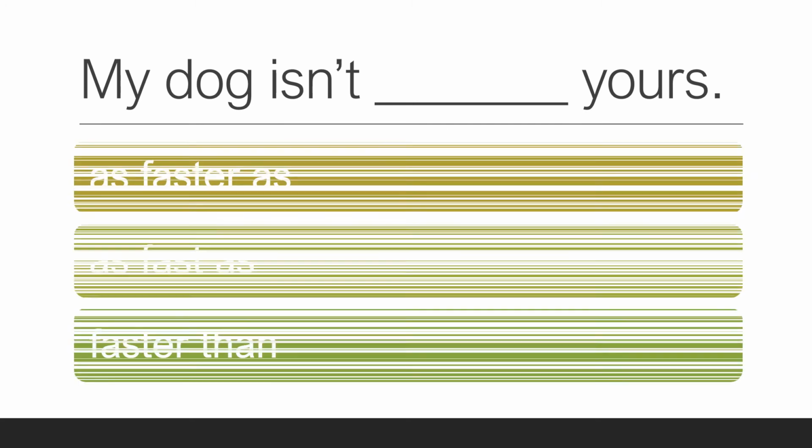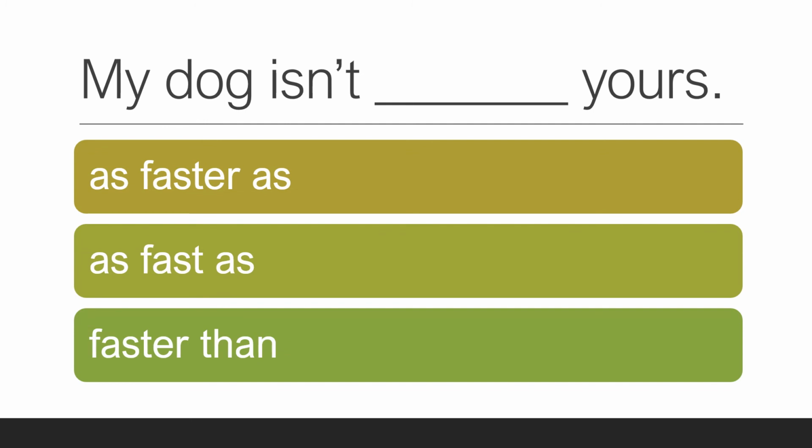And the last one. My dog isn't yours. Here we have another negative sentence. So what do you think it's going to be? My dog isn't as faster as yours. As fast as yours. Faster than yours.